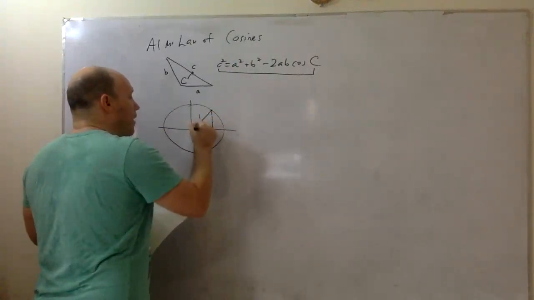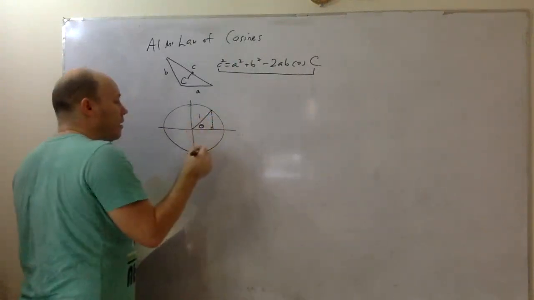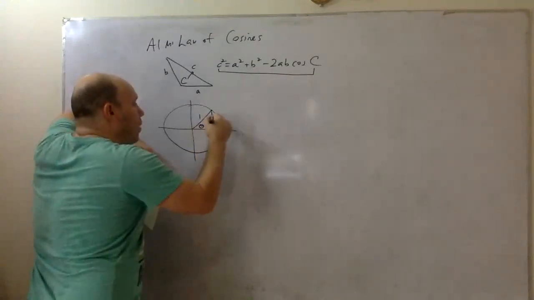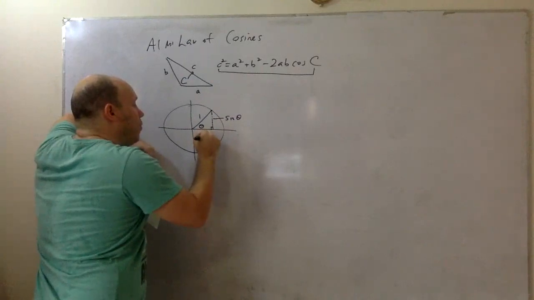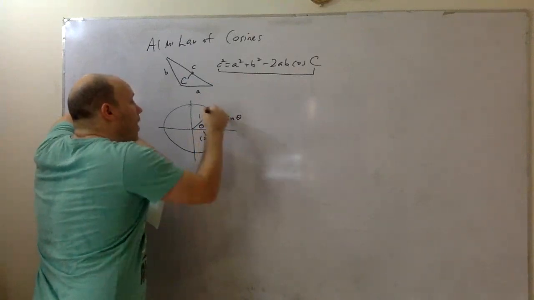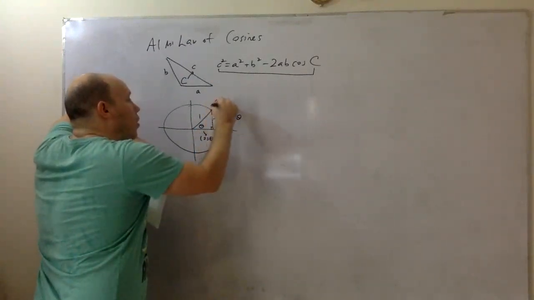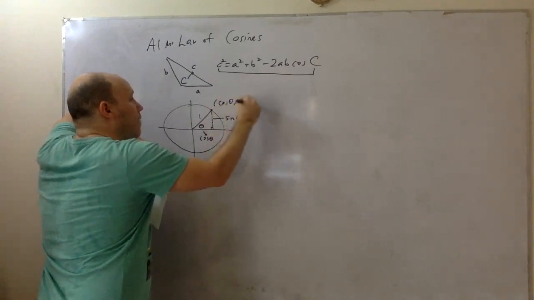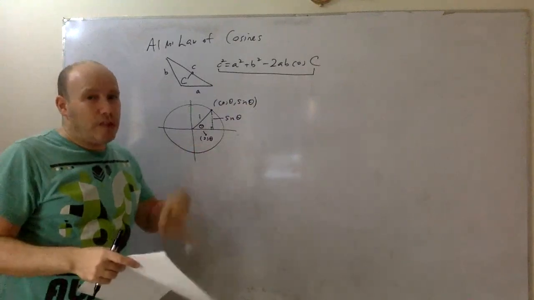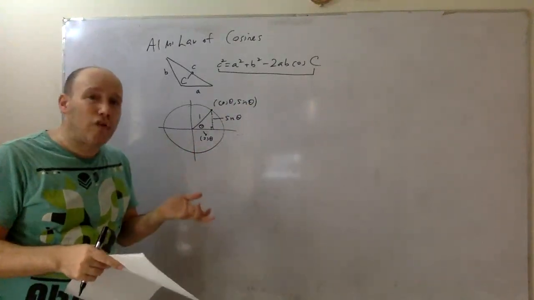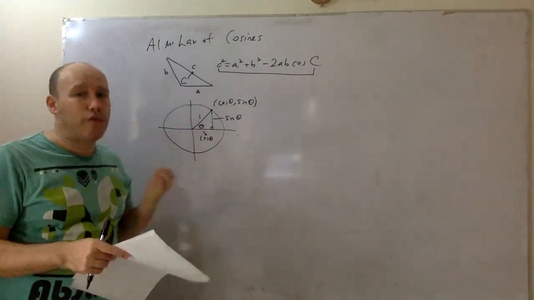If this rotation is theta, this side was sine of theta, and the base had a length of cosine theta. Therefore, this point was (cosine theta, sine theta). That's how we developed the first chapter, all the sine, cosine angles, all the special angles, and the whole structure of trigonometry.